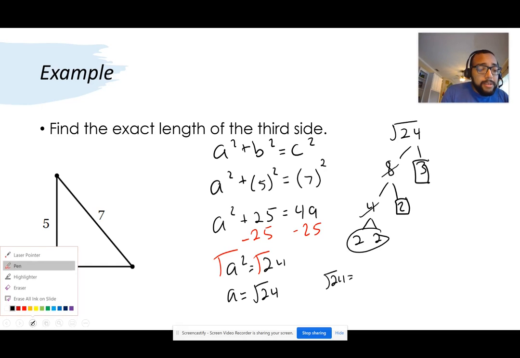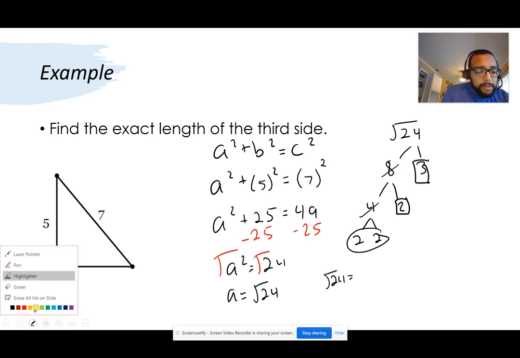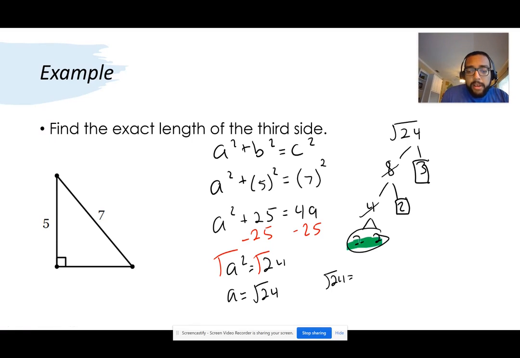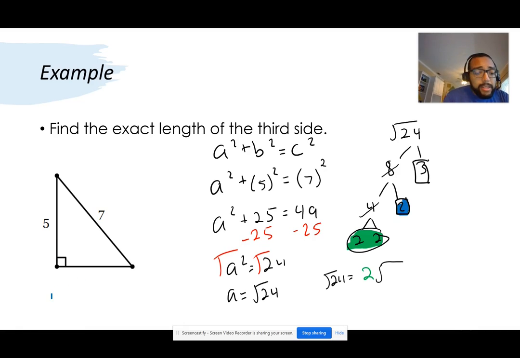And so I'll do this in different colors just to make sure we're on the same page. Let me do with green here. So these 2's, that number, that's a pair, will go on the outside. And it's going to be the square root of all the numbers that are boxed up. So in this case, we got a 2 that's boxed up, and then we got a 3 that's boxed up.